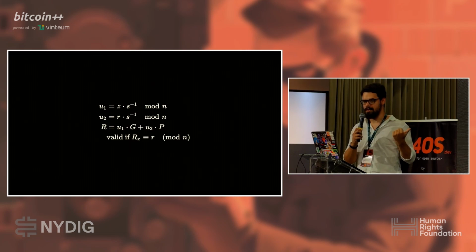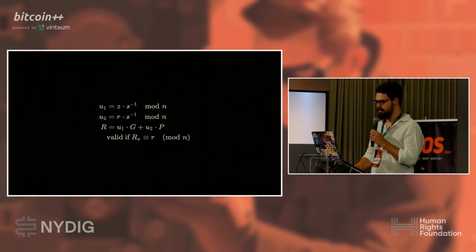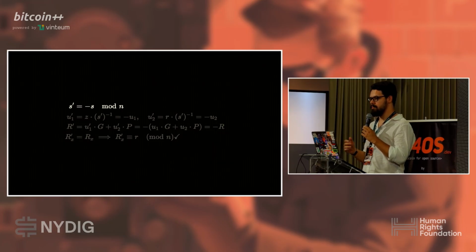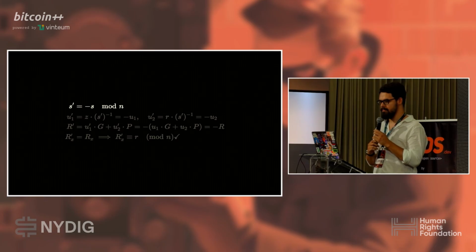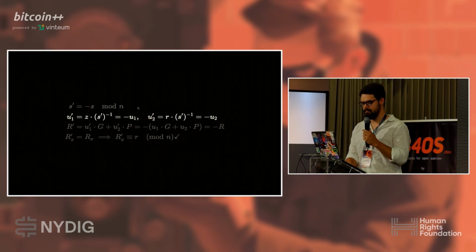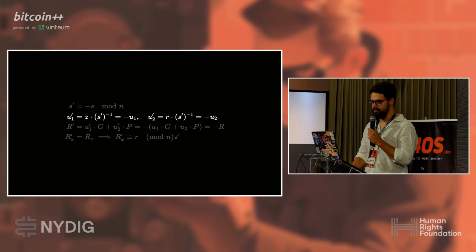But the way I changed the signature so that it is still valid is basically this: I take n, which is the field order, and then I subtract the signature. It's basically the same as saying my S prime is minus my signature mod n. Same operation again of verifying it.